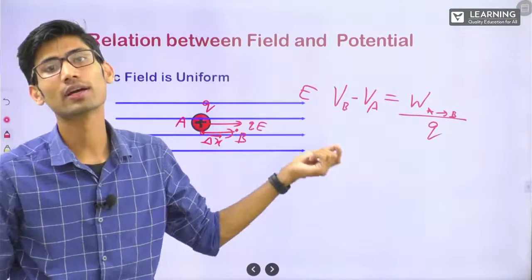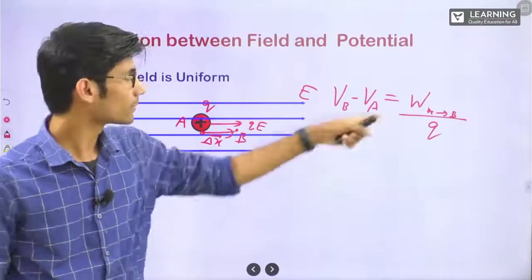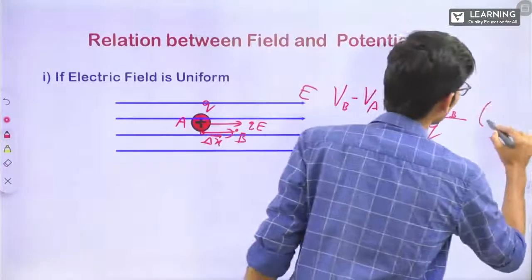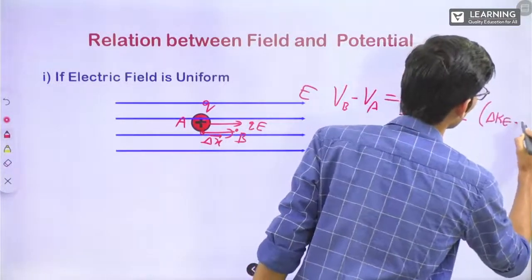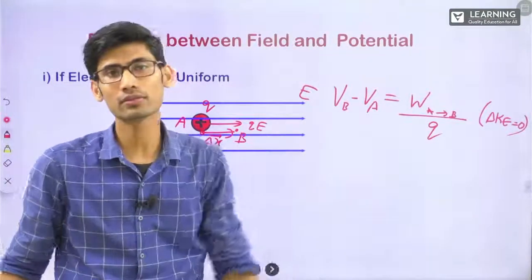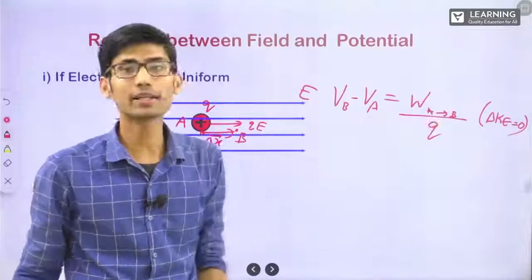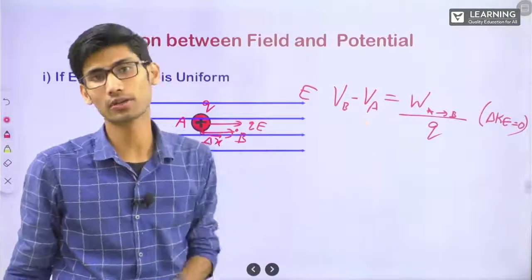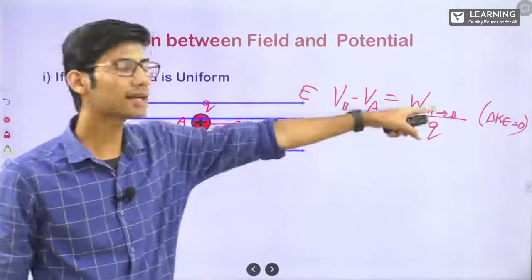Always remember, delta KE should be 0, because some work will be done in changing the kinetic energy, so we will not get the correct potential. Alright, delta KE should be 0.